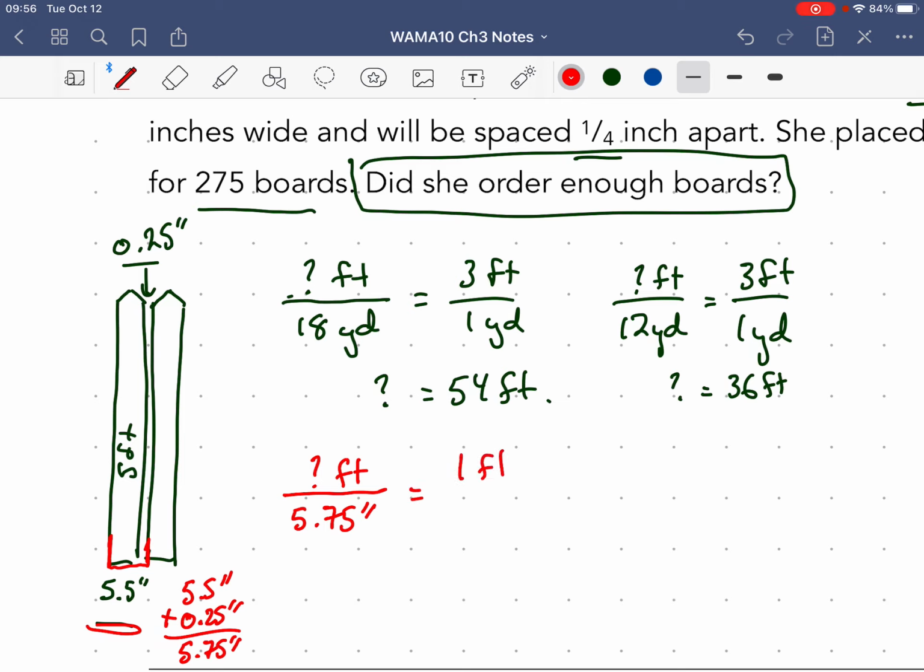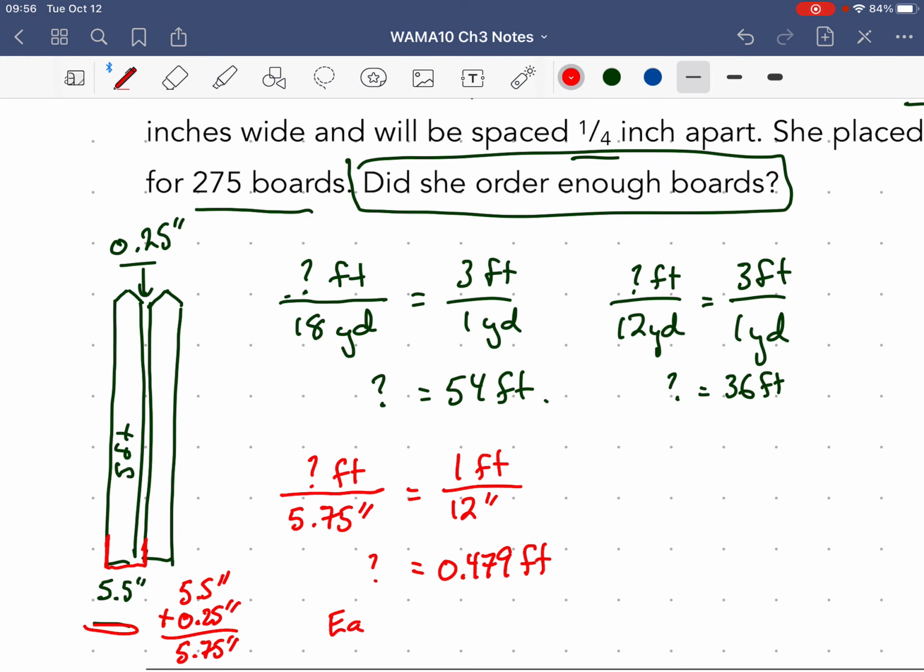There is, if 1 foot has 12 inches. So our question mark is going to be 5.75 times 1, which is 5.75 divided by 12. 0.479 feet.